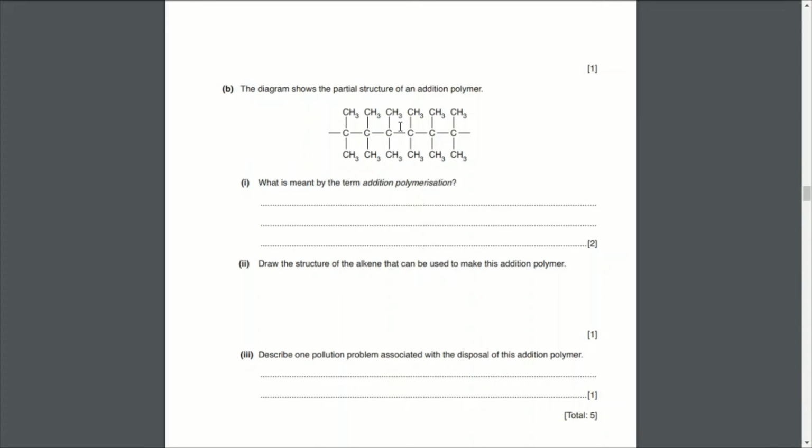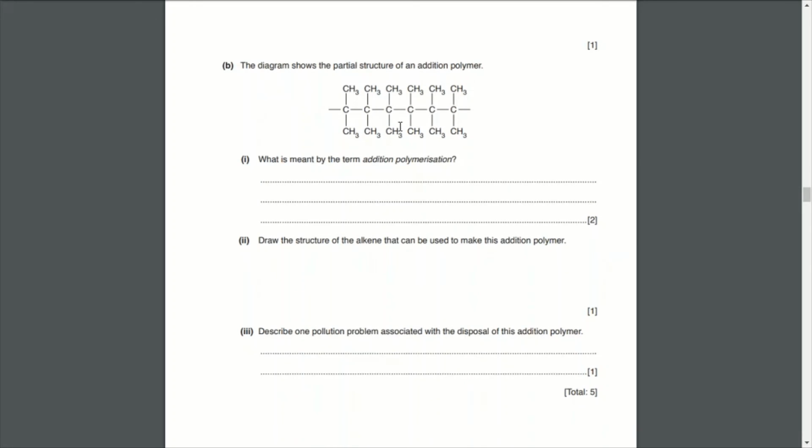There might be problems such as choking or flowing into the water, polluting the water environment. And literally the biggest thing is it litters the ground, the land, the water and all that. So simply you can write they are non-biodegradable and they do not decompose easily, because it's just for 1 mark. And if you solve this question correctly, you are gonna get 5 marks for sure.